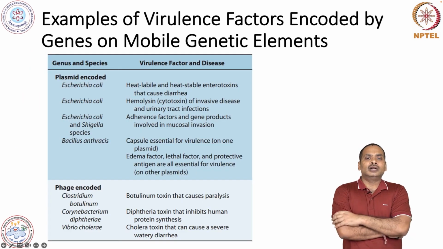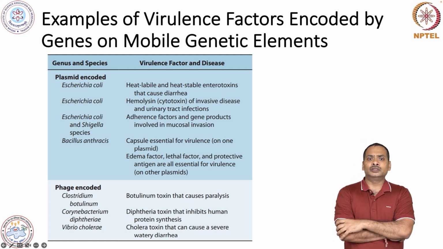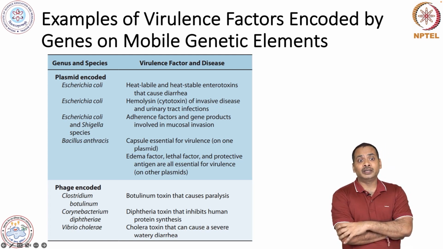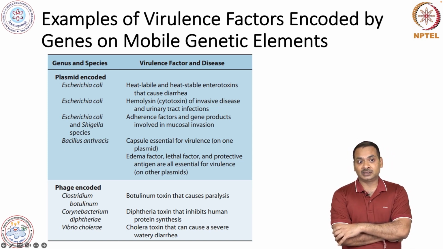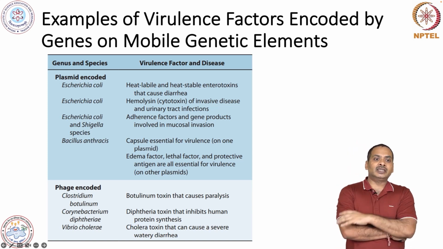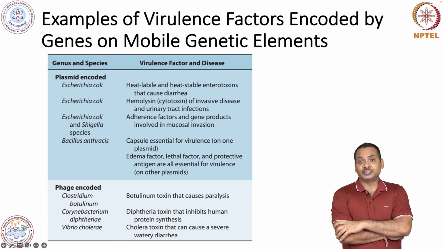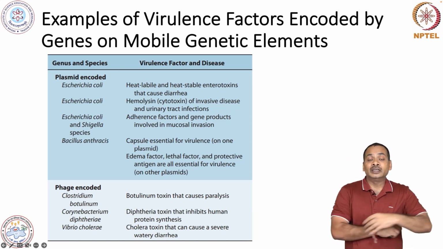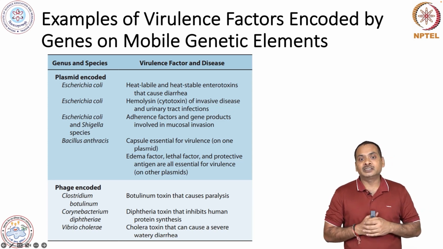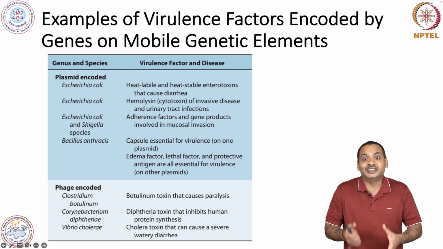Here I am going to give examples of virulence factors encoded by genes or mobile genetic elements. Here you can see a plasmid in Escherichia coli, and the virulence factor and disease in this E. coli is the heat labile and heat stable enterotoxin that cause diarrhea.